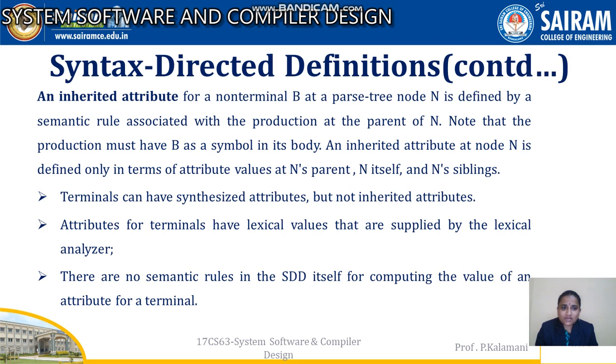The production must have the symbol in its body. An inherited attribute at node N is defined only in terms of attribute values of N's parent, N itself, and N's siblings. Terminal symbols can have only synthesized attributes, not inherited attributes.